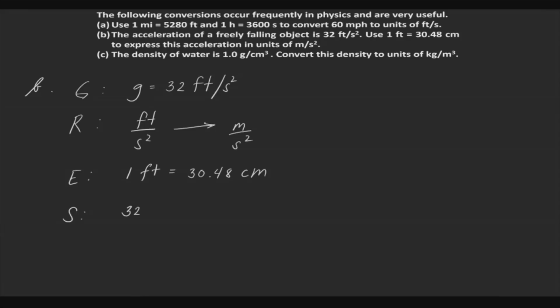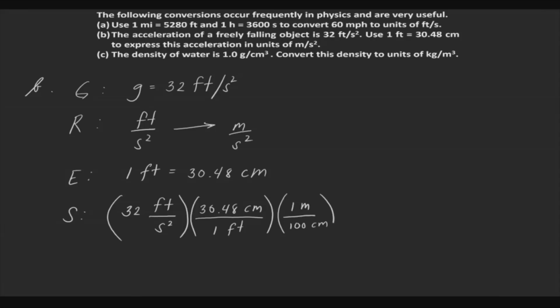32 feet per second squared multiplied with the conversion factor for feet to centimeters, we have 30.48 centimeters in 1 foot. And then we multiply that by the conversion factor for centimeters to meters. So we have, for every 1 meter, 100 centimeters. So we multiply 32 times 30.48 divided by 1 foot.